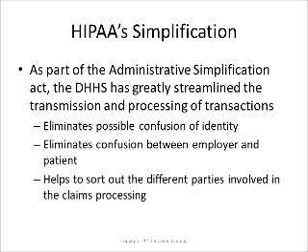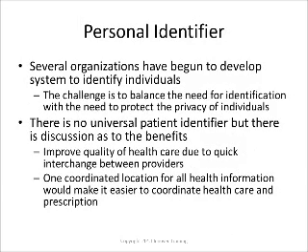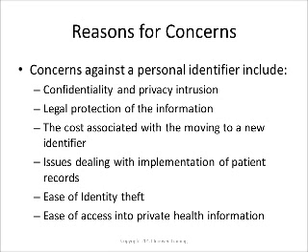According to HIPAA's Administrative Simplification Act, the Department of Health and Human Services has greatly streamlined the transmission and processing of transactions. It eliminates possible confusion of identity. It eliminates confusion between employer and patient, and it helps to sort out the different parties involved in the claims processing.